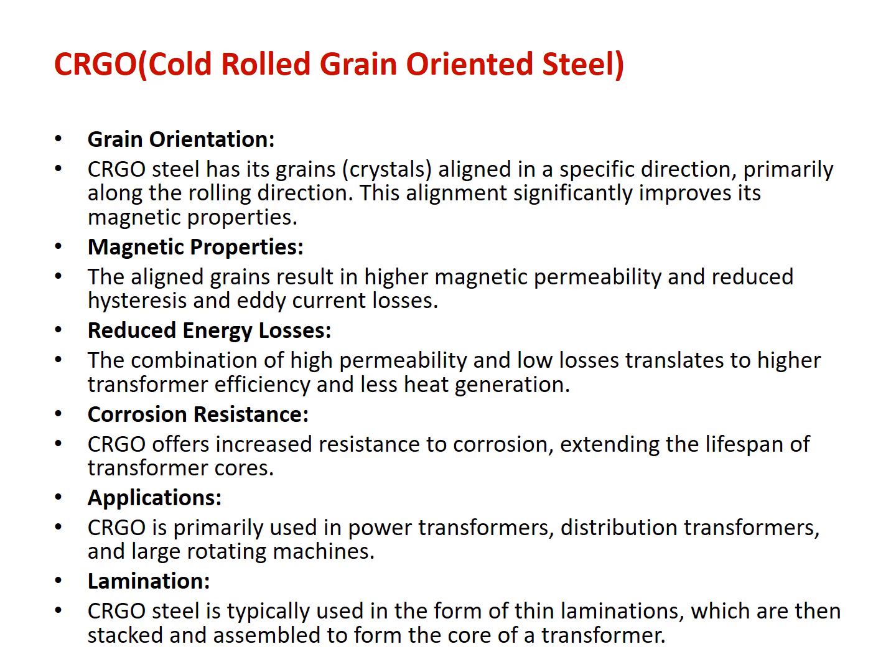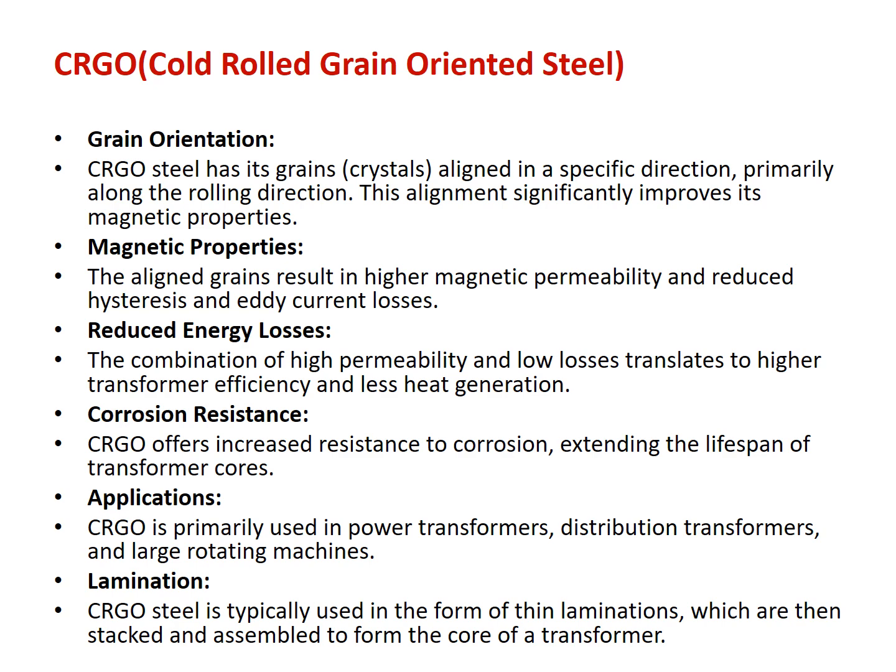Grain orientation: CRGO steel has its grain crystals aligned in a specific direction, primarily along the rolling direction. This alignment significantly improves its magnetic properties. The aligned grain results in higher magnetic permeability and reduced hysteresis and eddy current loss, so reduced energy losses.